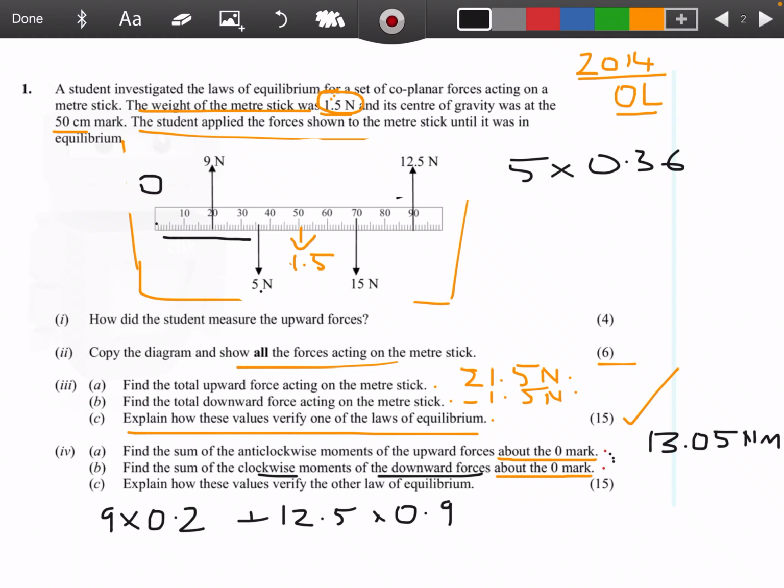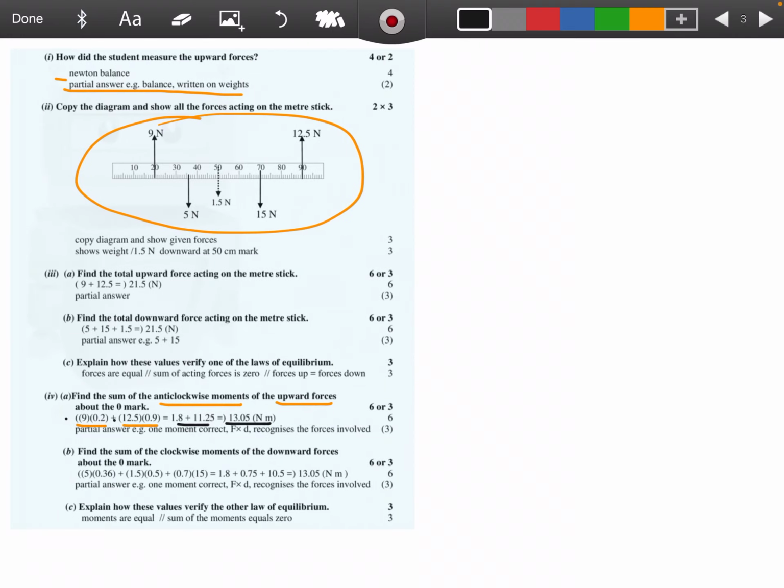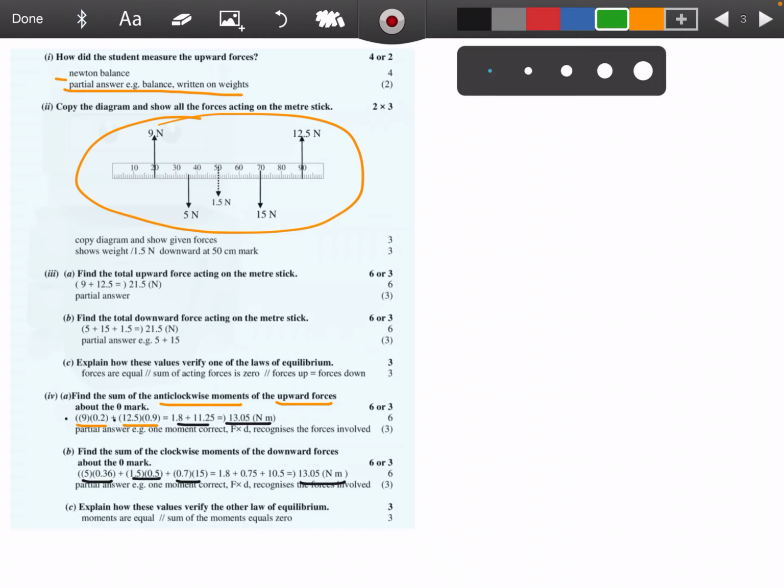We've got the 1.5, which is the weight of the meter stick, and that's at the 50 centimeters mark, if you remember. So that's 0.5. And we've got the 15 newtons at 0.7. 15 by 0.7. So they're the 3 downward forces, or the 3 clockwise moments about the 0 mark. Look, you've got 5 by 0.36, 1.5 by 0.5, and the 0.7 by the 15, and that gives us 13.05.